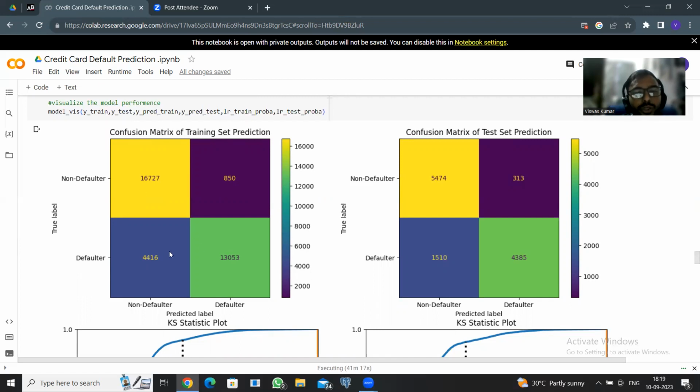The recall score is true positive, where the model is predicting 1 as 1, divided by true positive plus false negative. False negative means this one.